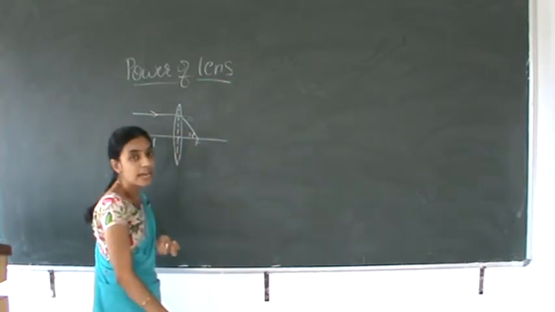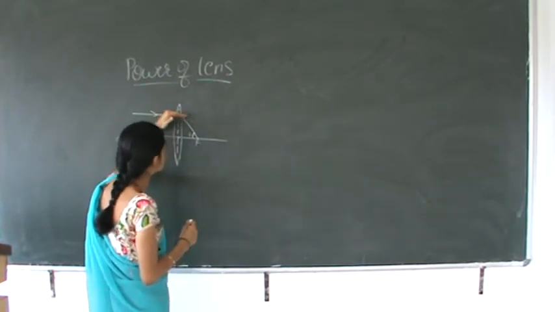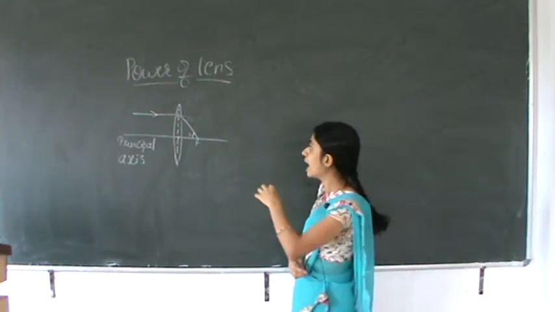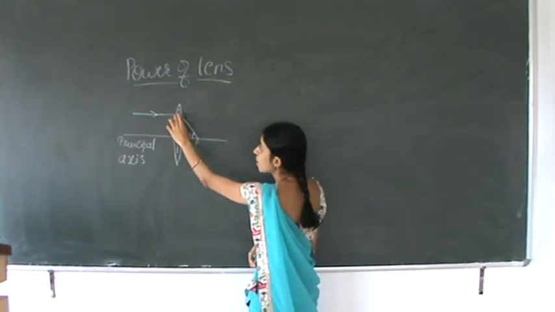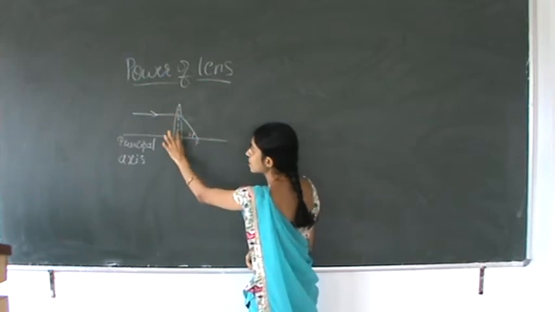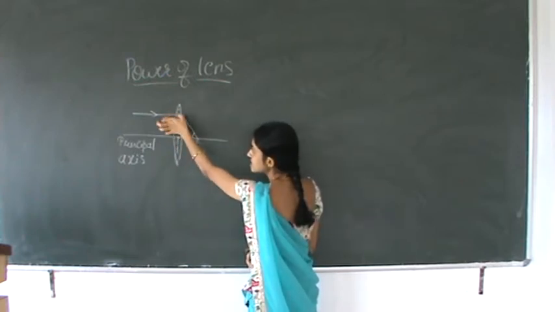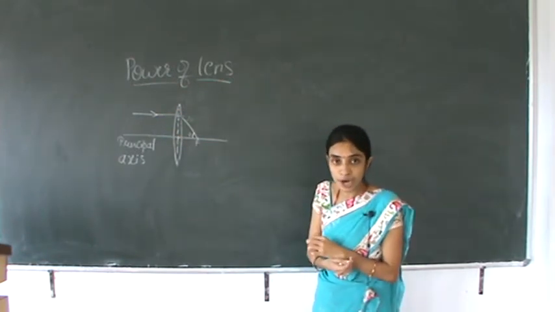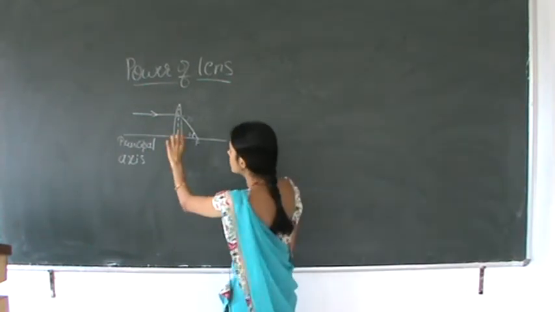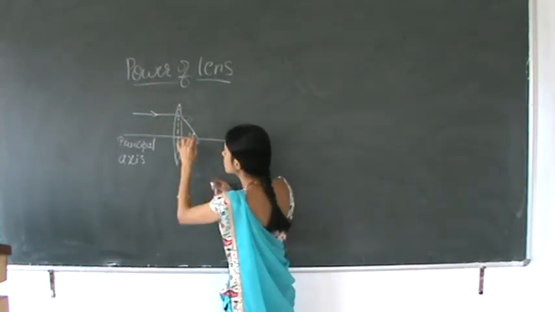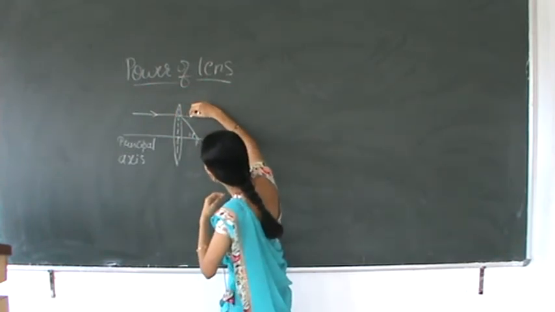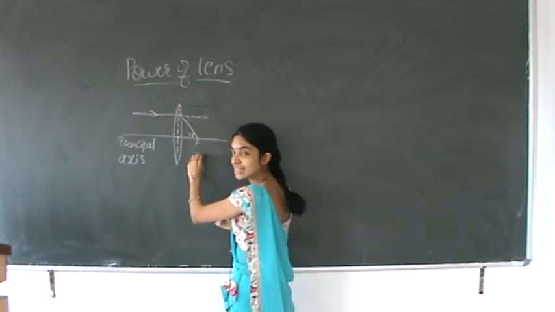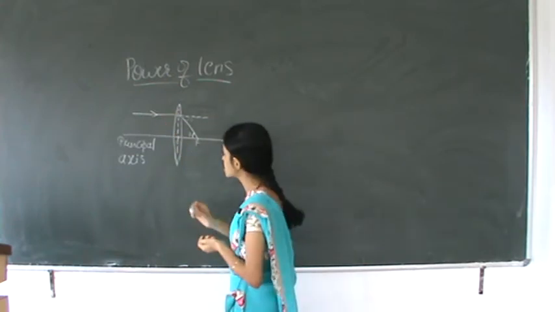Power of lens: a tangent is drawn at a particular distance from the optic center of the lens, where the ray starts to converge or diverge from a particular point. After that, the ray of light falling on it either converges or diverges.